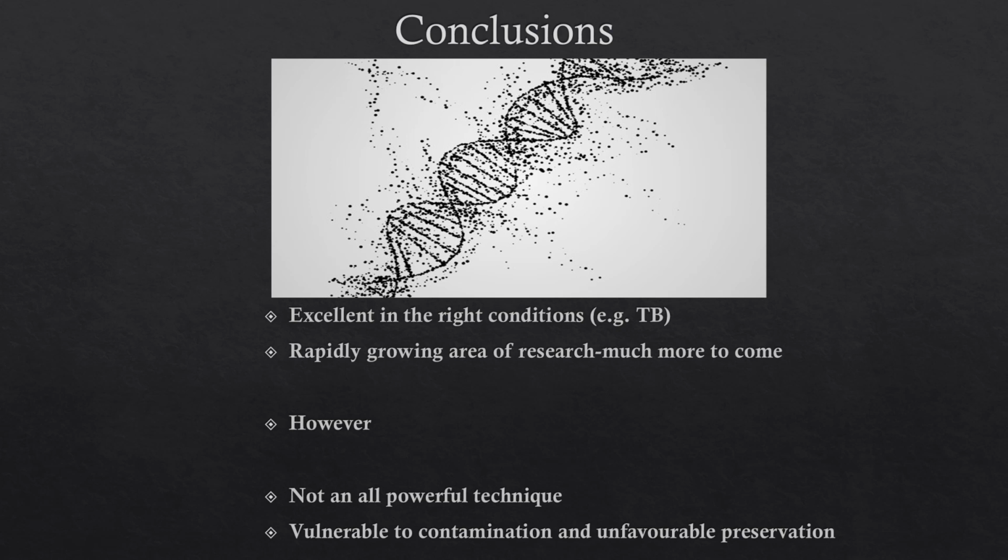However, it's still not this all-powerful end-all be-all technique which some people such as David Reich have perpetuated. It's very vulnerable to contamination, unfavorable preservation, and also there are research biases when using it, which one has to always keep in mind when looking at genetics.